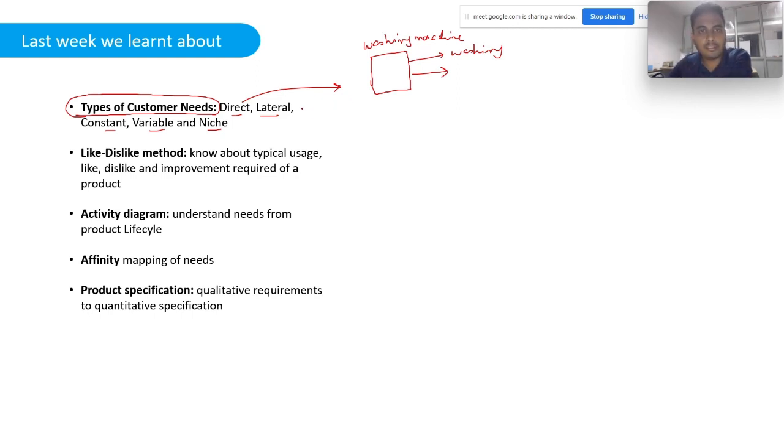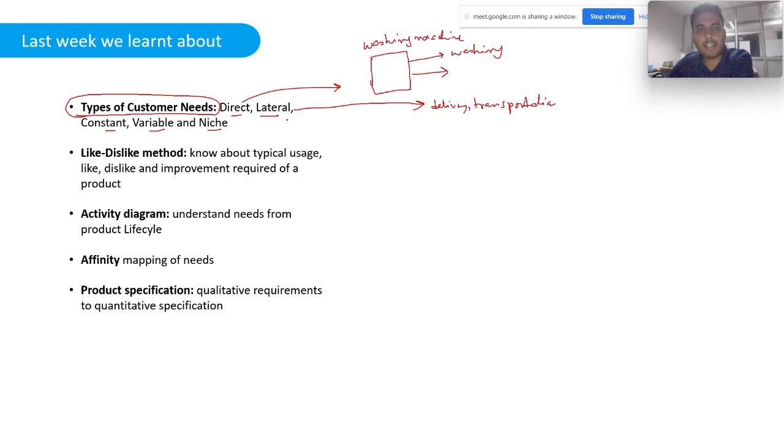Lateral needs concern how the product is being delivered to you. It should not be in a damaged condition, or it should have basic modes in it, different modes.